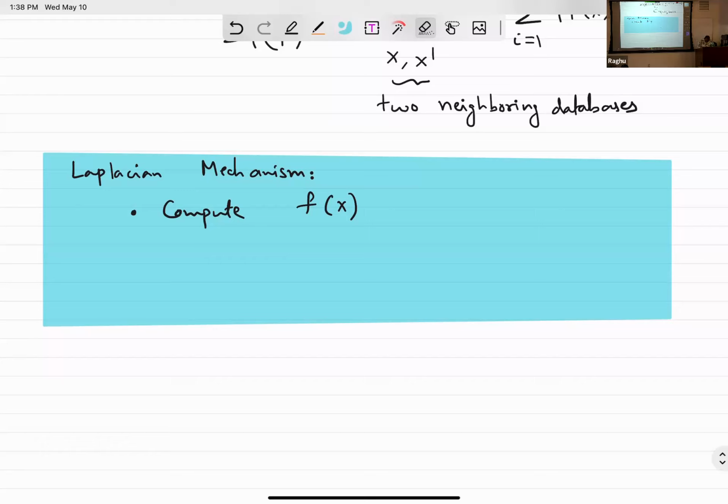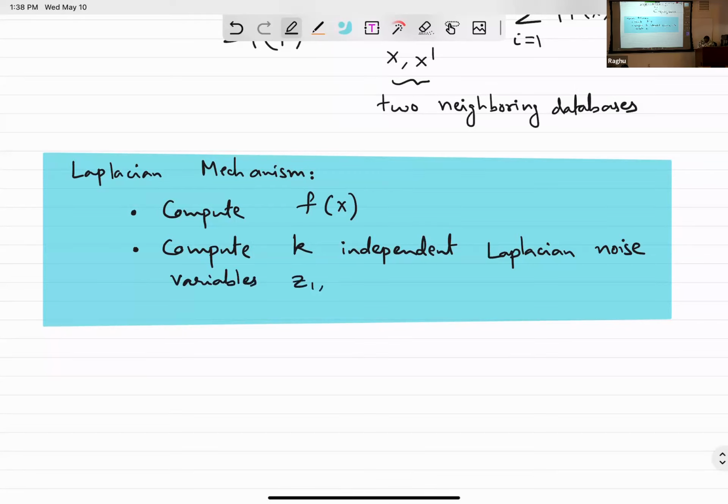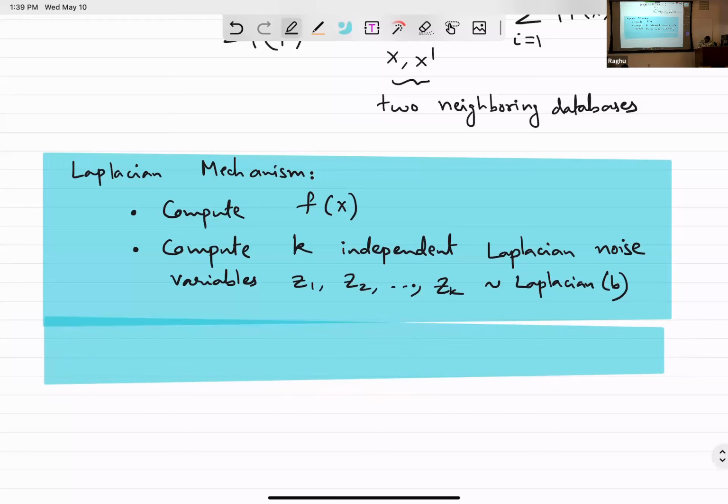So compute k independent Laplacian noise variables, z1, z2, up to zk, which are Laplacian b, and then you output f of x plus z1, z2, up to zk.